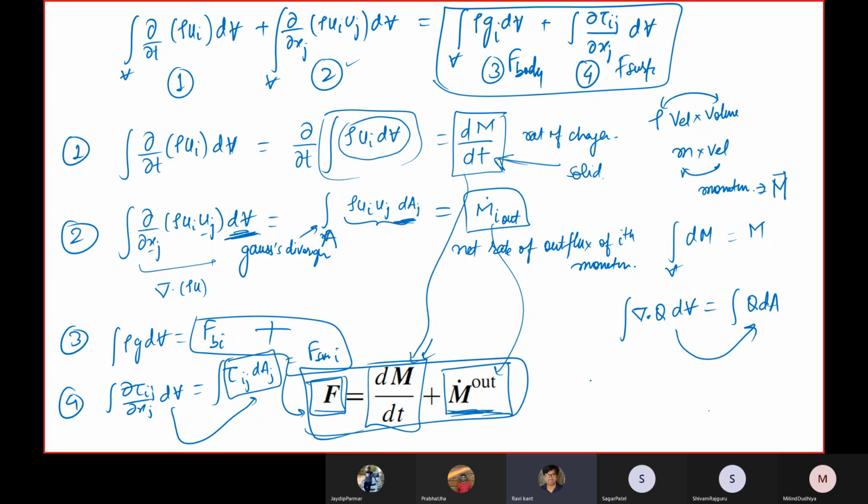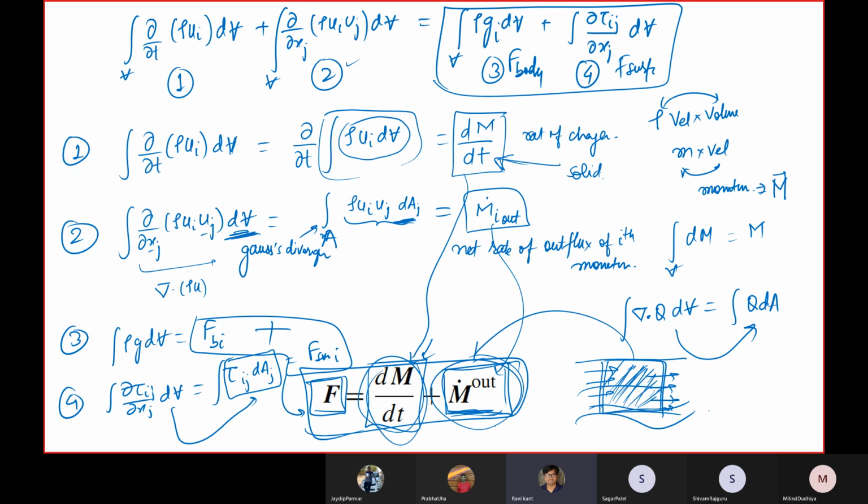Whenever you have fluid flow through a fluid element, say you choose a boundary, you have to take care of your influxes and outfluxes and keep track of them, and this term will also contribute to the force acting on this particular element, isn't it? Not only the rate of change of momentum, but the net outflux of momentum you also have to take care of additionally.